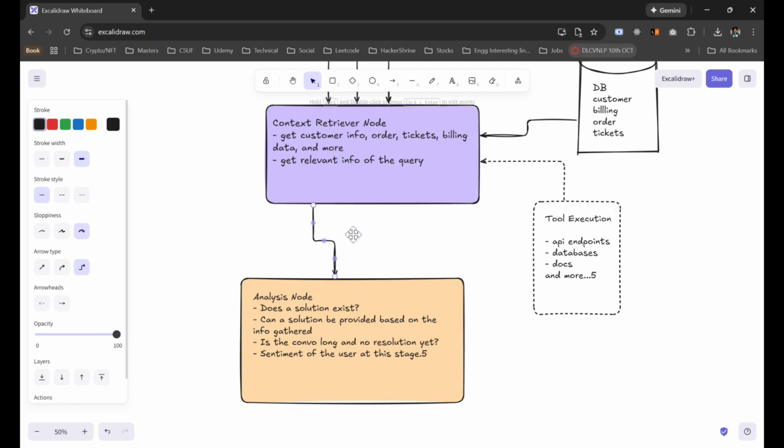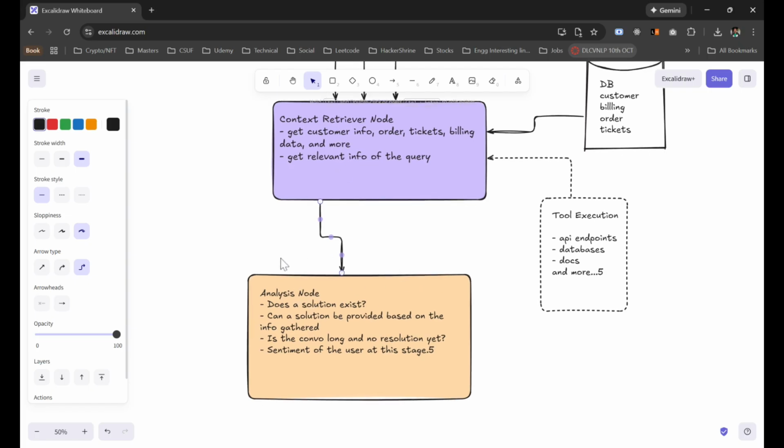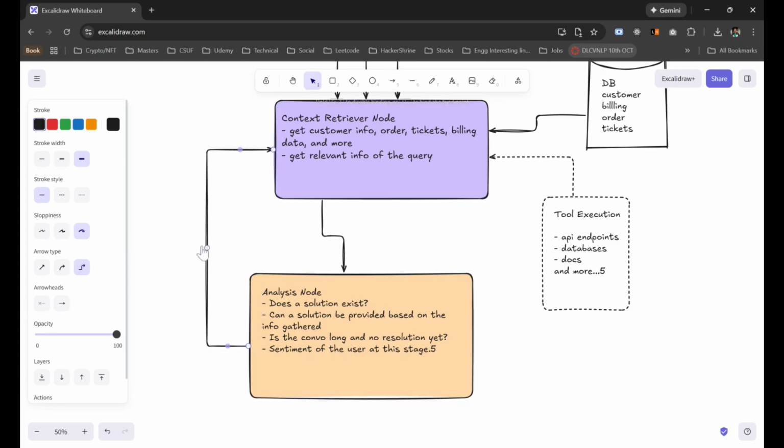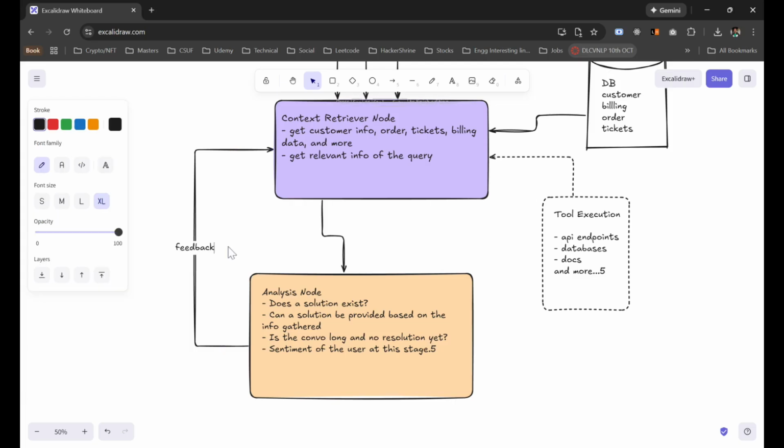Right, so we got all the information. We go to the analysis node. Now this is where we have the feedback. What we do is we just add back here: if it's not able to answer the query, it's the first thing, sentiment is down, so we pass it back again and give them this information doesn't satisfy the result and resolve the ticket.